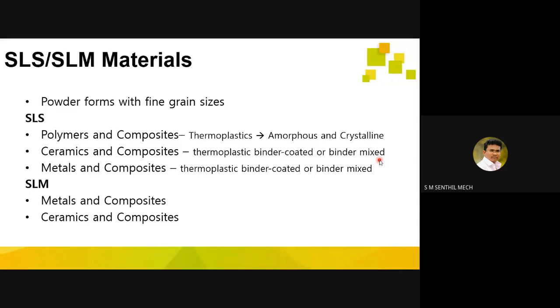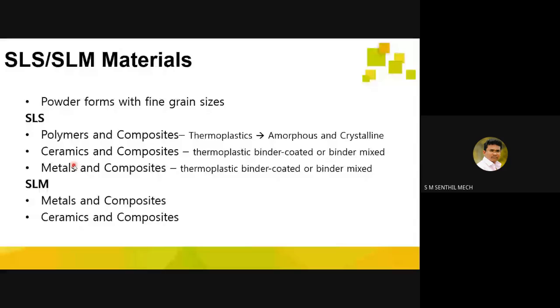When sintering happens, only this thermoplastic binder forms a semi-solid and gets attached to each other, so that the ceramic and metal powders also get joined. This is the way you use ceramics and metal powders for selective laser sintering, whereas you won't be altering the shape of the metal or ceramic powder particles, never.